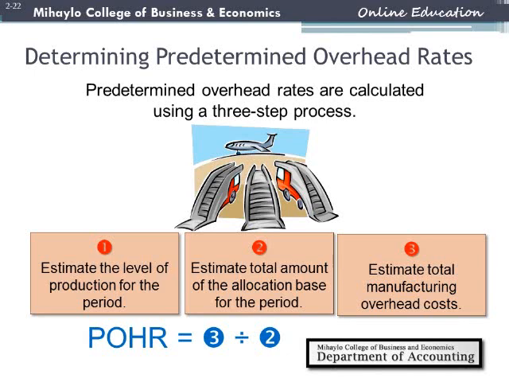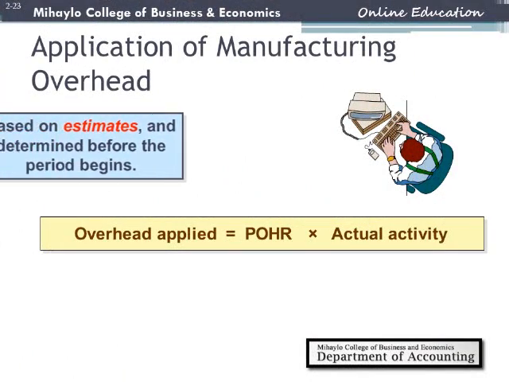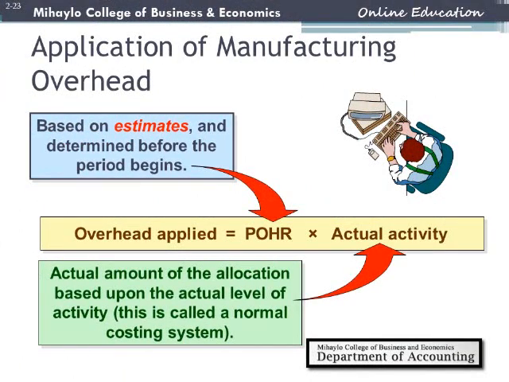So, the predetermined overhead rate is calculated by dividing Step 3 by Step 2. Manufacturing overhead is applied to jobs using the predetermined overhead rate multiplied by the actual amount of the allocation base used completing the job. This is called a normal costing system.